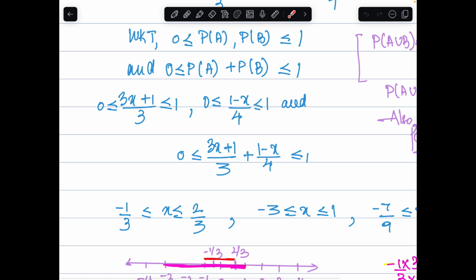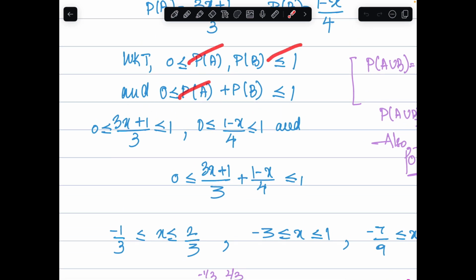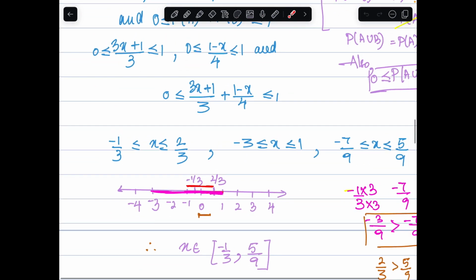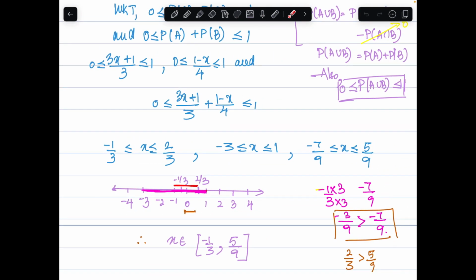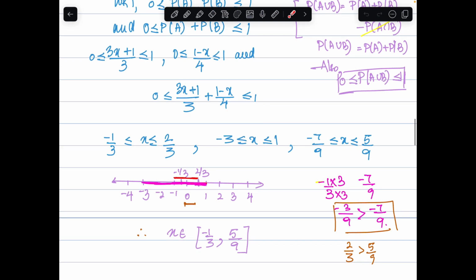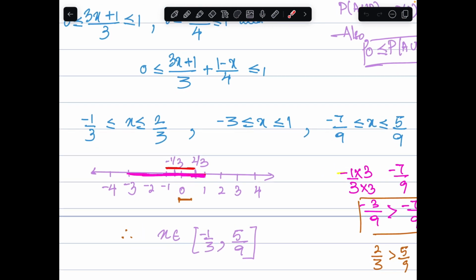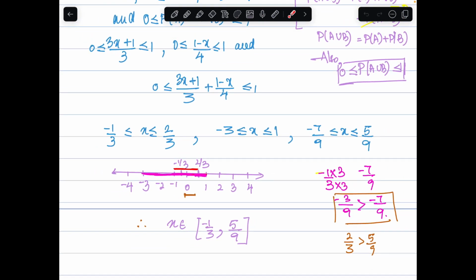Now you have 3 inequalities, 1, 2 and 3. This is for probability of A, this is for probability of B, and this is probability of A plus probability of B. We have already done an inequality session. If you have any doubt, you can comment in the comment section. I will go through it and try to make another video, or else you can go to the previous videos that I have made on inequality. When you solve, you will get these 3 inequalities. Now we need to get the intersection of all.